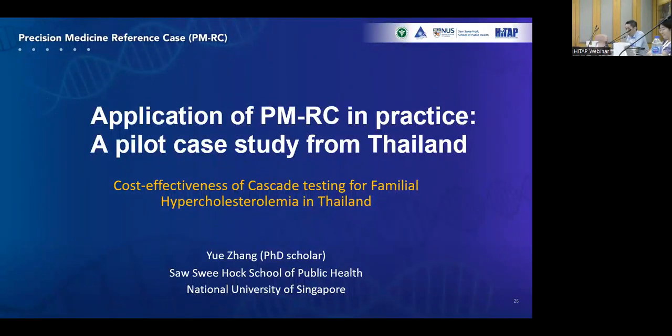At the moment, Dr. Vincia and the team have already developed the reference case, and we are in the process of consulting with the authorities in Thailand, including the National Health Security Office and the National List of Essential Medicine Subcommittee, on whether and when we can put the reference case in as a requirement, as a checklist for HTA reports to be considered by these two authorities.